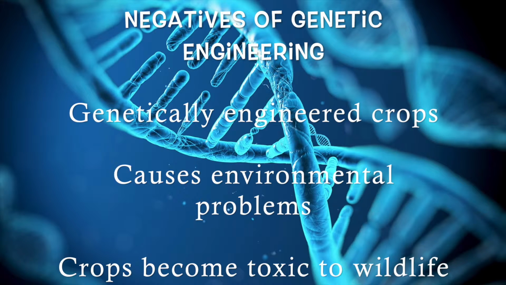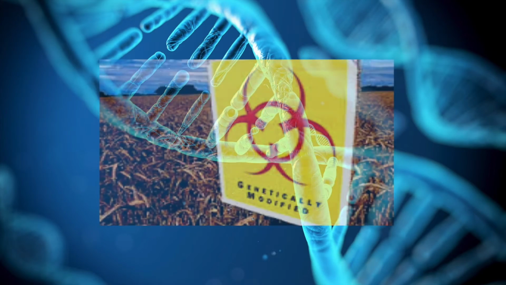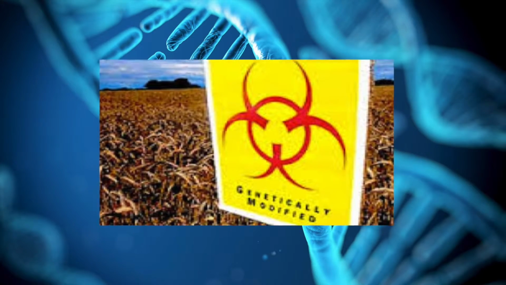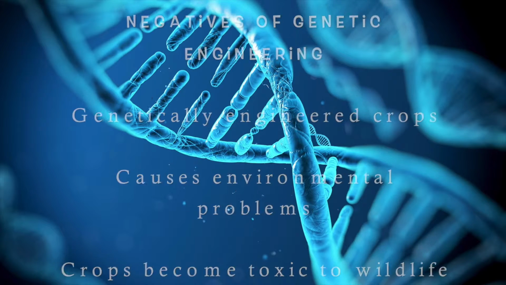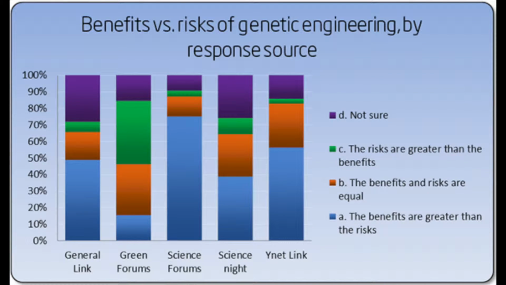Now I'm gonna talk about the negatives of genetic engineering. Although there are many positive effects that come from genetic engineering, there are also many negative side effects for any type of technology that offers various benefits. There will most likely be risks coming with this as well. For example, genetically engineered crops have a possibility of causing environmental problems that result from the engineering twist.